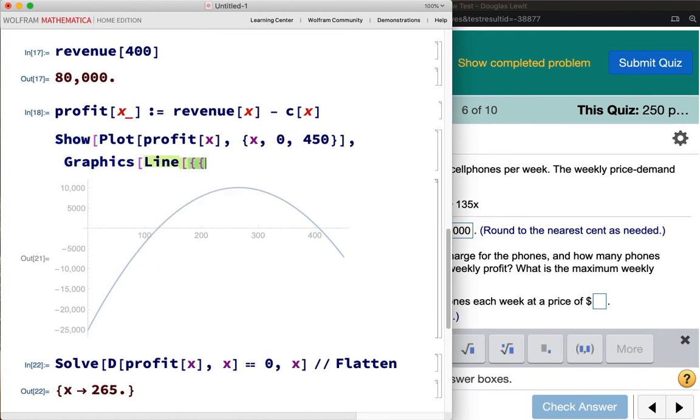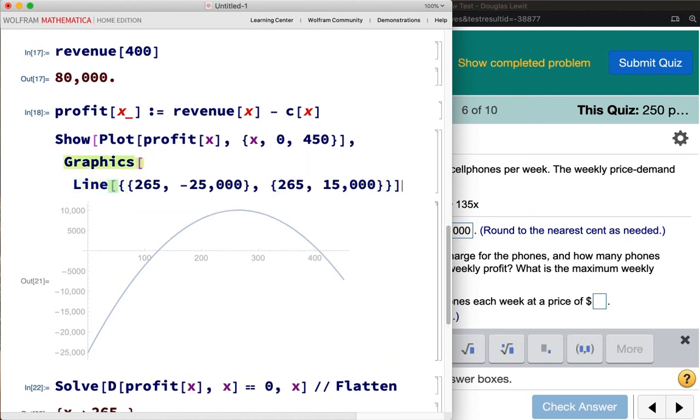Graphics, line. So 265, negative 25,000, and 265 up to 15,000.